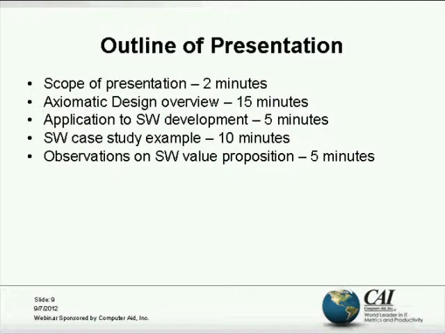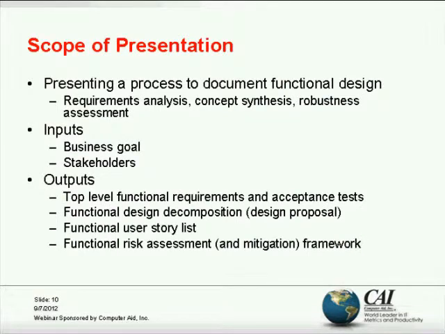Moving forward then, the scope of the presentation here. I'm going to talk about a process to document the functional design, which is a requirements analysis, a concept synthesis, and a robust assessment. It's an upfront early process. I'm starting in terms of a box diagram with business goals and then the stakeholders.